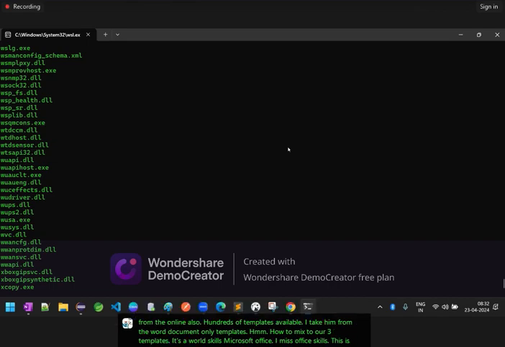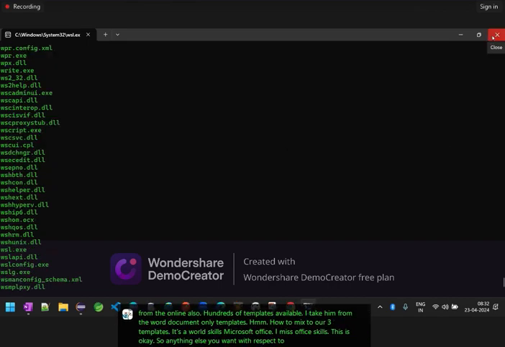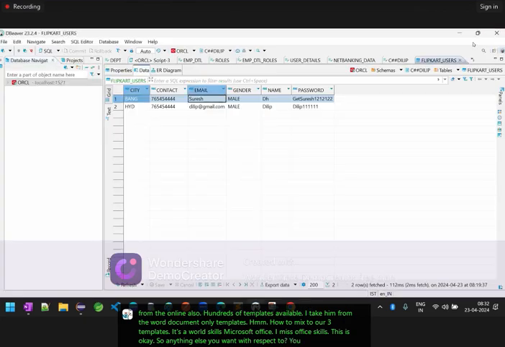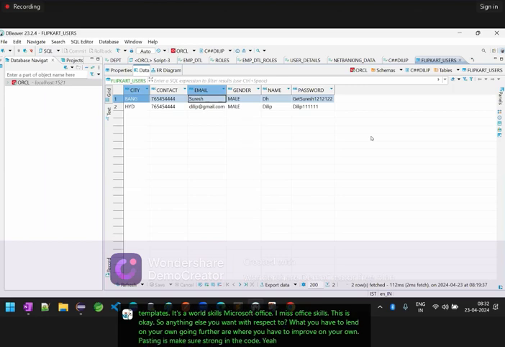This is okay. So anything else you want with respect to what you have to learn on your own going further, or where you have to improve on your own? First thing is make sure you are strong in core Java. Second thing is make sure you have at least medium-level knowledge in servlets and JDBC. And then make sure you are strong in the Spring Core module.